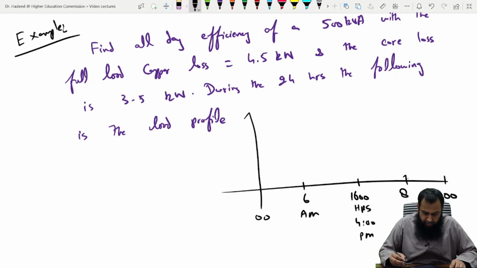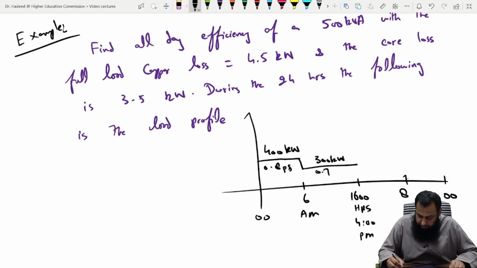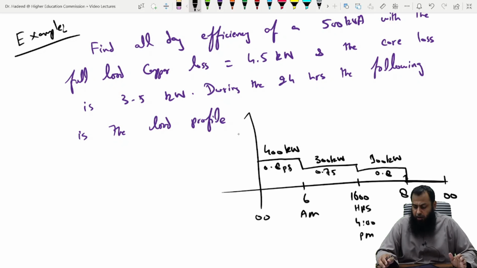So in this scenario, we have a load of 400 kilowatt at 0.8 power factor from midnight to 6, and then from 6 to 4 p.m. we have a load equal to 300 kilowatt at a power factor of 0.75, and then the load is further decreased to 100 kilowatt at a power factor of 0.8, after which from 8 to 12 there is no load connected with the given distribution transformer.